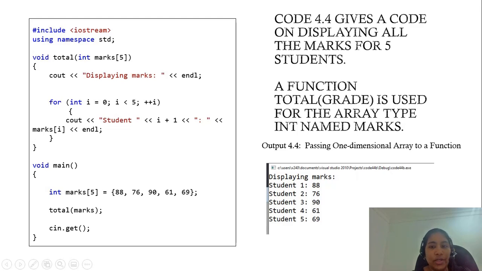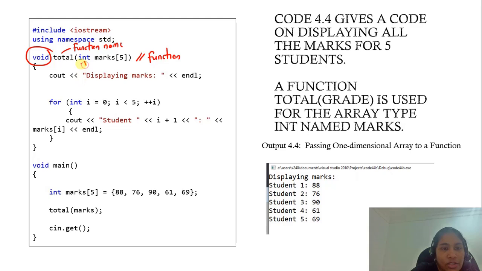Let's look at code 4.4. This is where we have a function. The return type is void, total is the function name, int is the type, marks is the array name, and the size is 5.